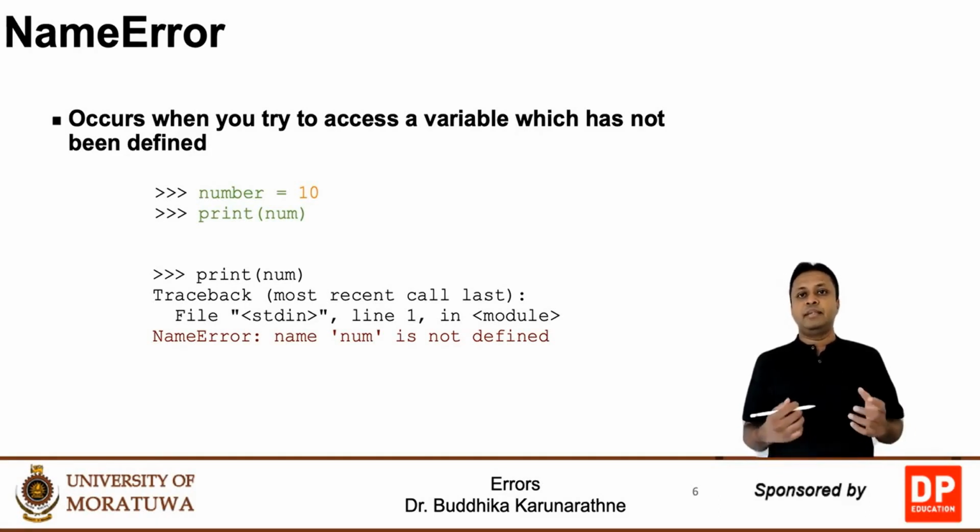Therefore, Python is complaining about a name error, and it says name num is not defined because it was not previously defined. So remember to avoid this kind of mistake. If you get a similar error when you go ahead and do some programs, now you can look for some error which is probably related to naming and referencing variables.